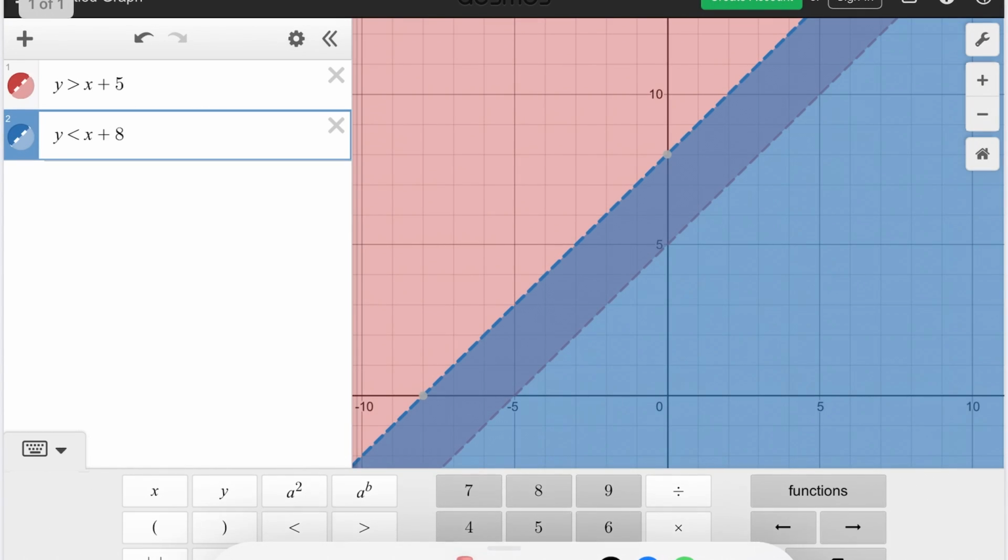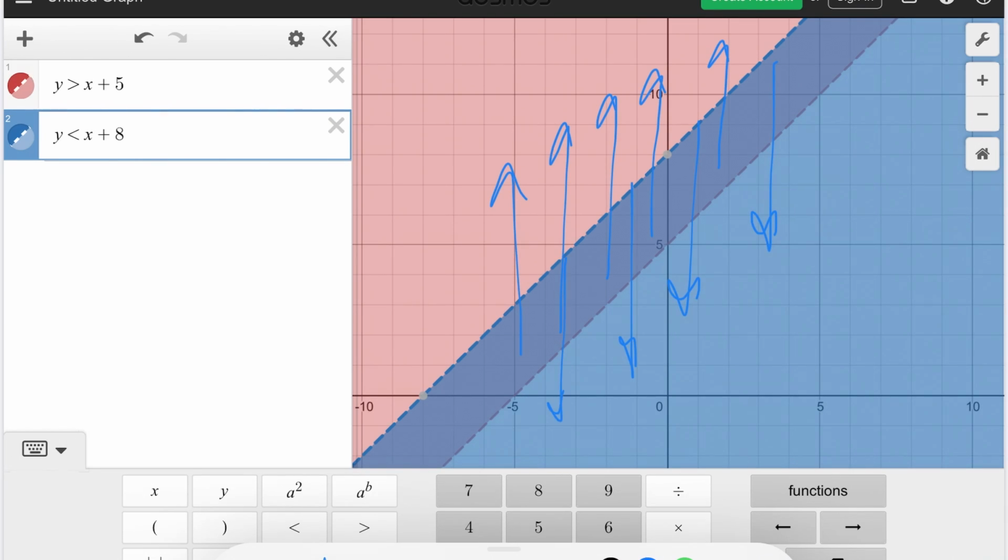With y is greater than x plus 5, that was everything up above here. Y is less than x plus 8 is everything below here. This band in the middle of overlap, these are the points that will work for both inequalities.